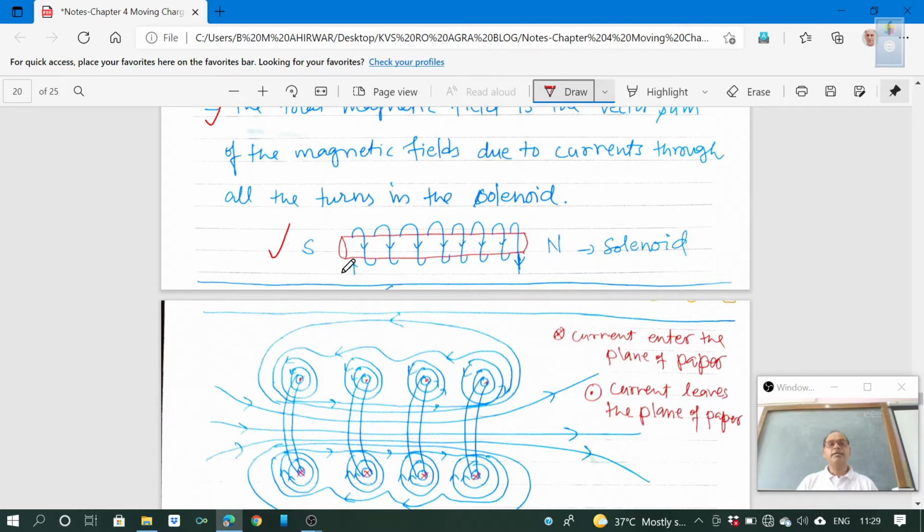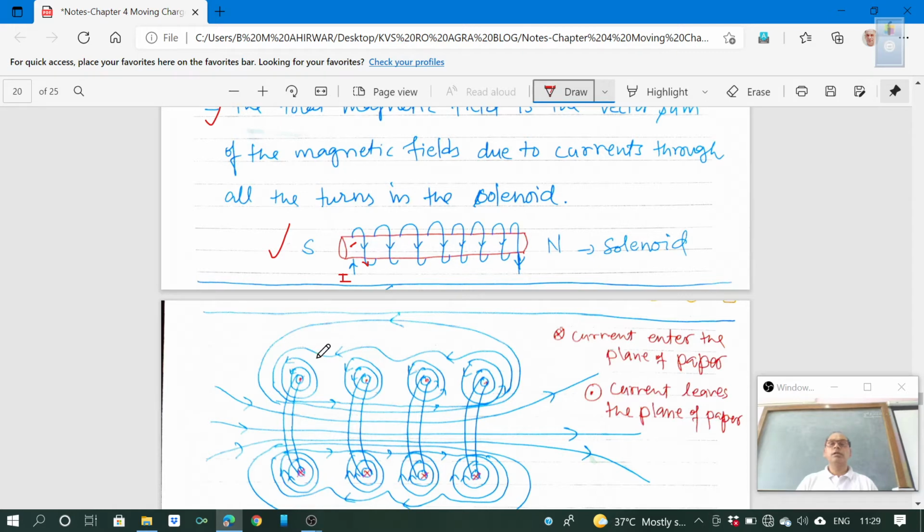Suppose the current I is passing upward like this, then here the direction will be downward. So in the upper part the current is coming out, and in the lower part of the solenoid the current is entering the plane of the surface.